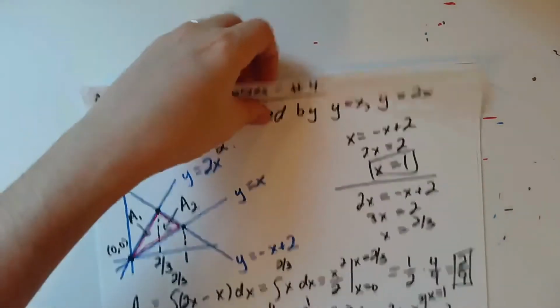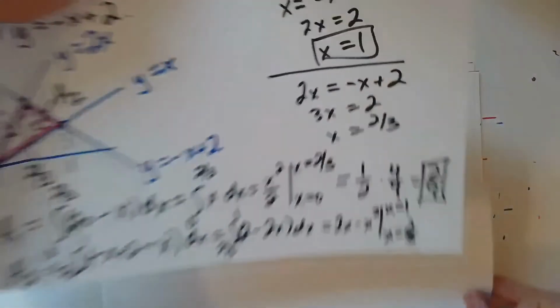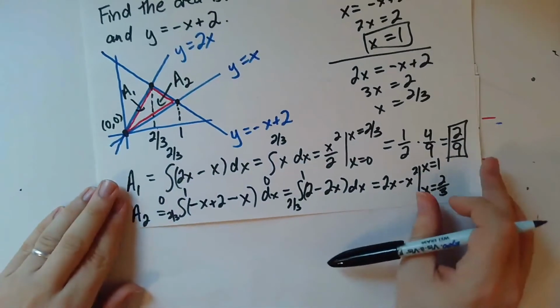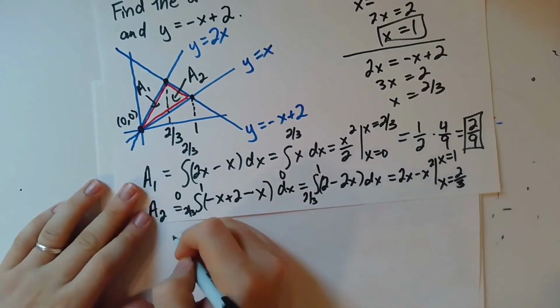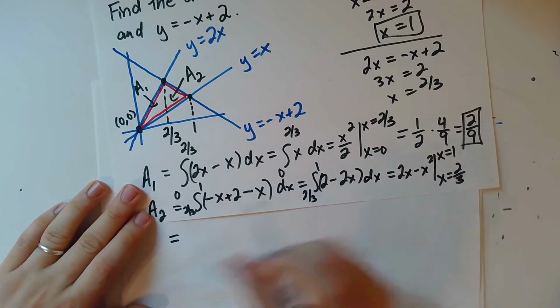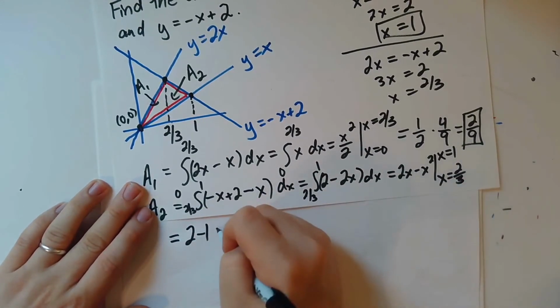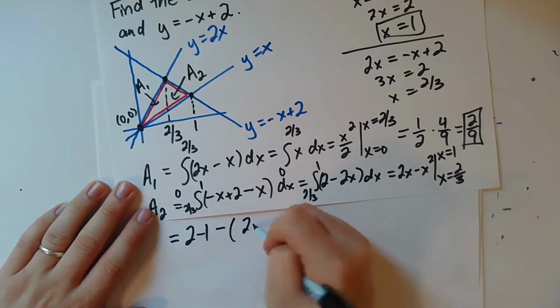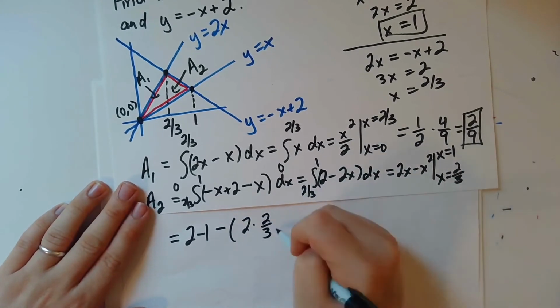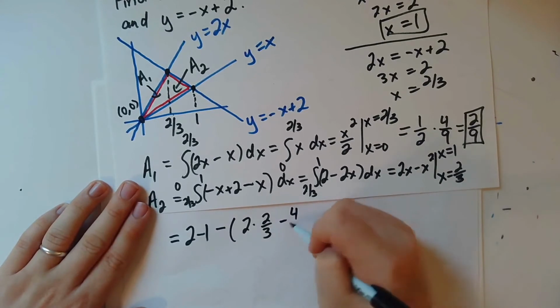If I go ahead and just pull a random sheet of scratch paper up here to finish that, that will end up being equal to 2 minus 1, that's what I get when I plug in x equals 1, minus 2 times 2/3 minus 4/9.